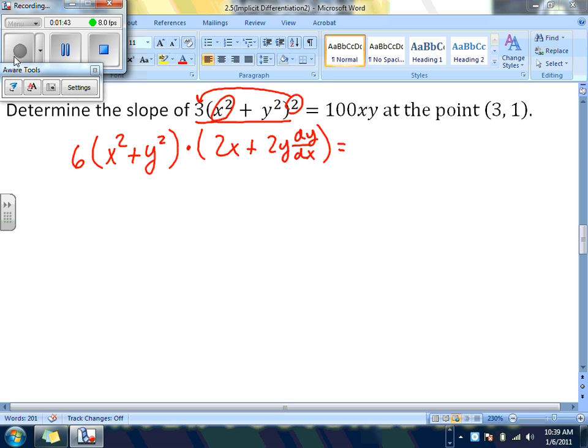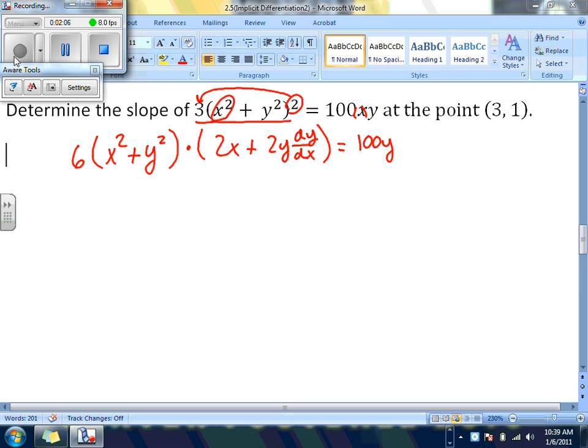Well, it looks like we have 2 functions multiplied by each other. We have 100xy, so x and y are multiplied by each other, so we have to do the product rule. The product rule says I do the derivative of the first one. So I'm going to say 100 times, the derivative of the first one is x, so the derivative of x is just 1.